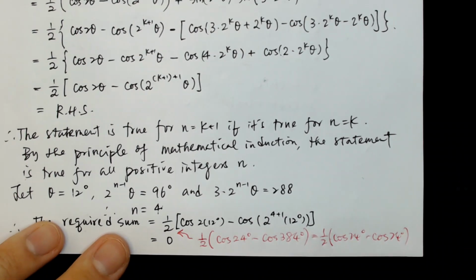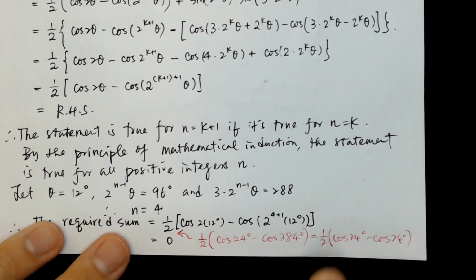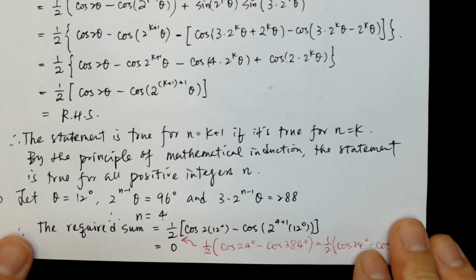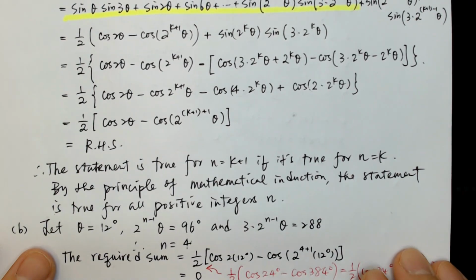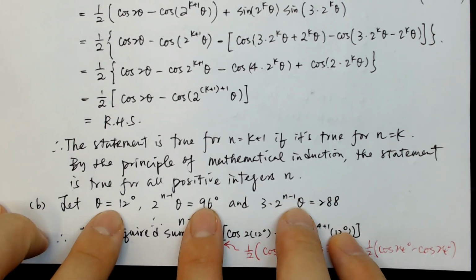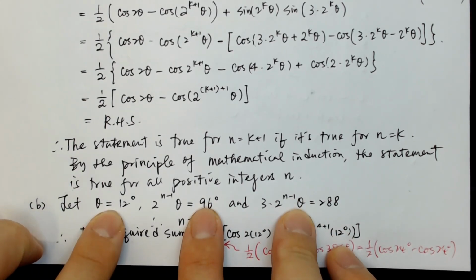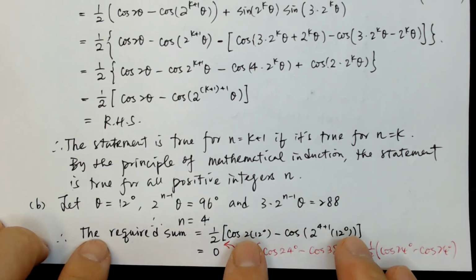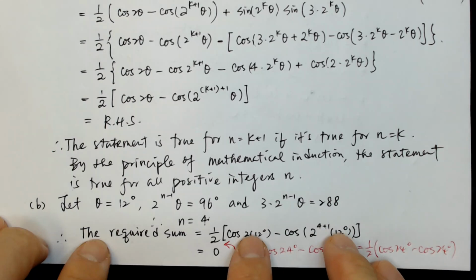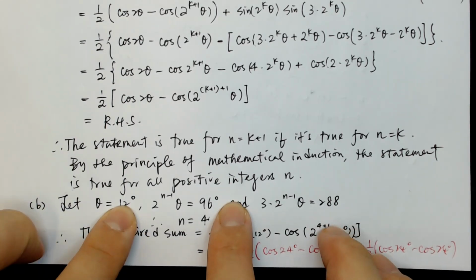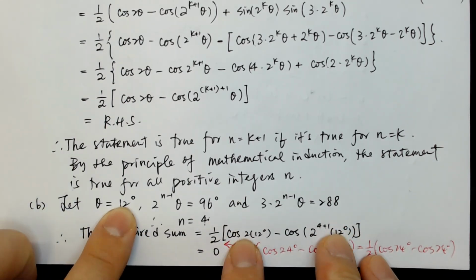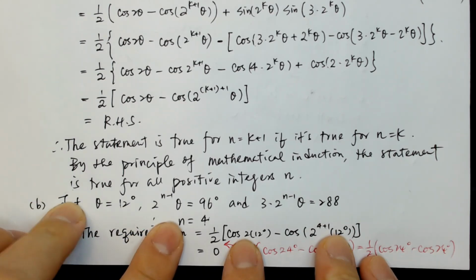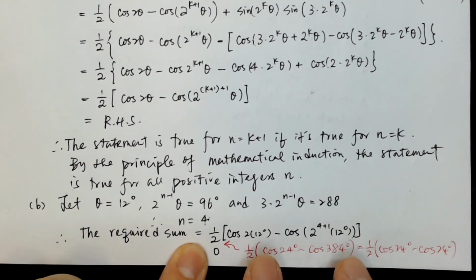You may add these 2 terms, but it's not quite necessary. Because for the word hence, you need to be very clear how to make use of the above results, the value of theta and the value of n, and you plug it in, and then have this kind of expression. These 2 steps are more important. Theta and n, the first one. Second, you rewrite the required sum as what is shown on the right hand side of part A.